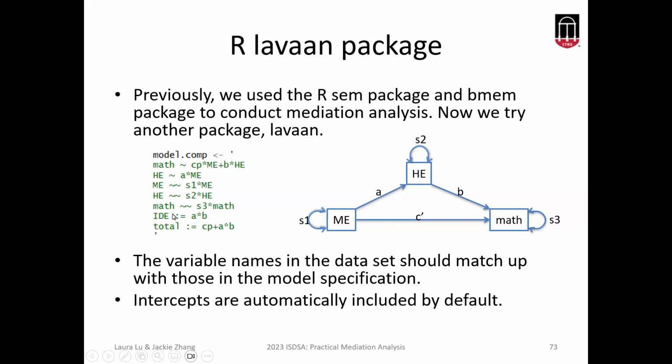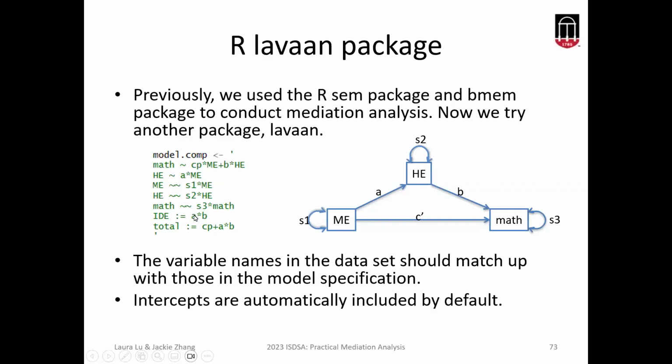And we also have this symbol. What does that mean? This is the define statement. ID, the indirect effect, is defined as A times B. What is A, what is B? A and B are defined here. A is the coefficient from ME to HE. B is the coefficient from HE to math.